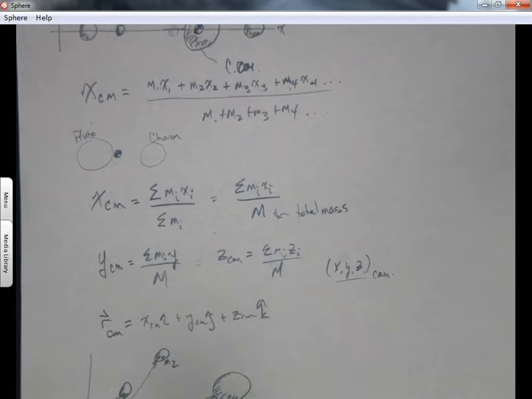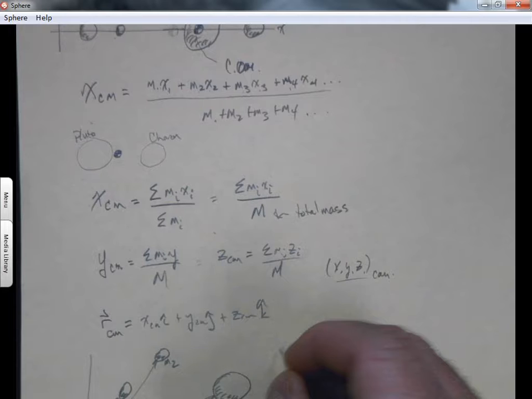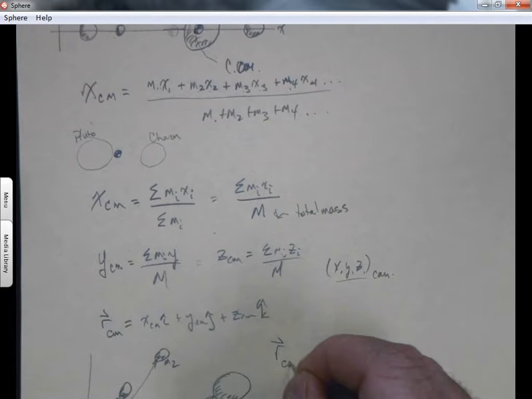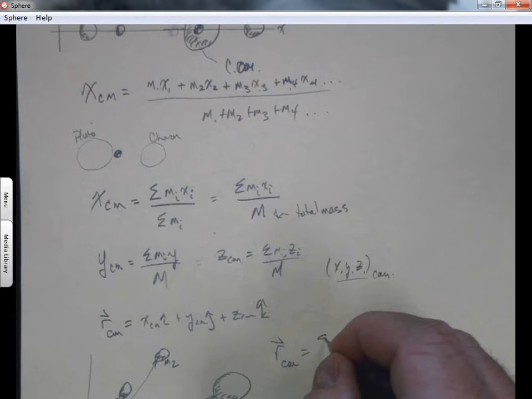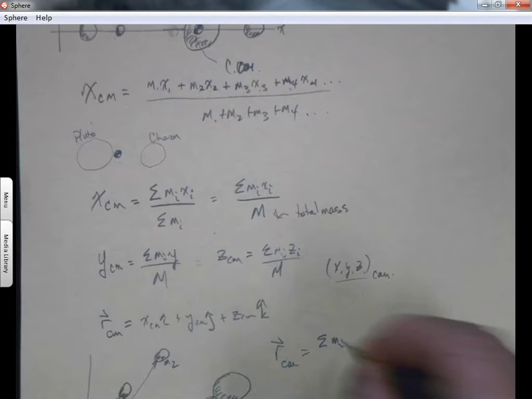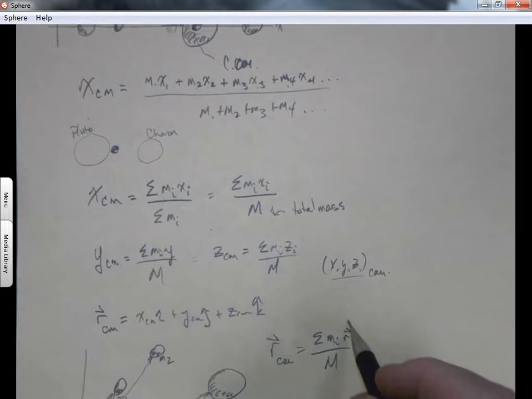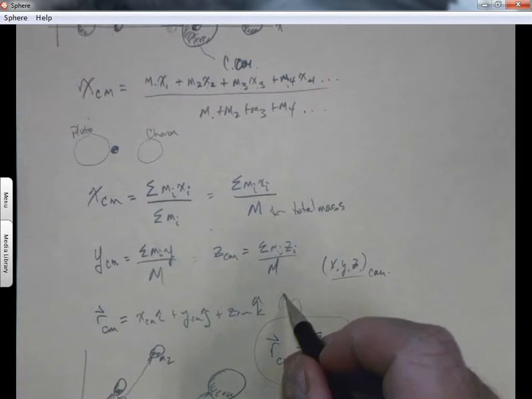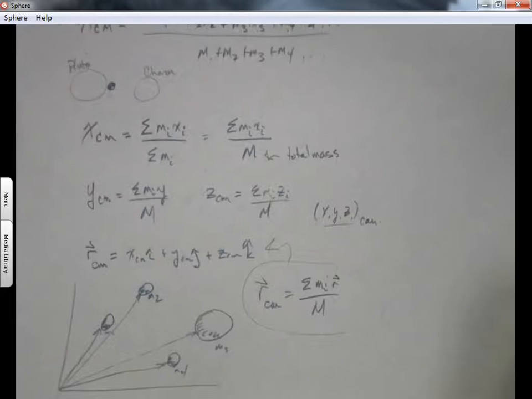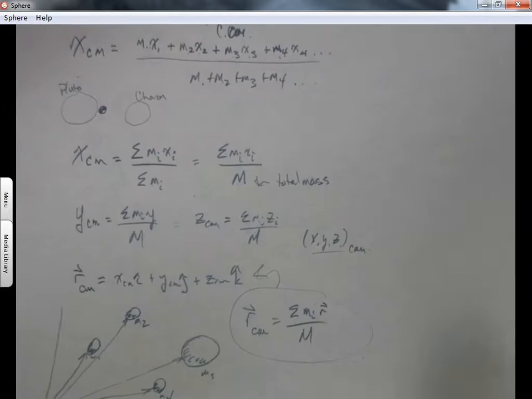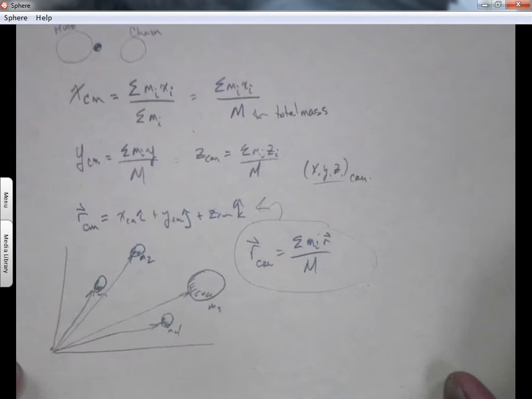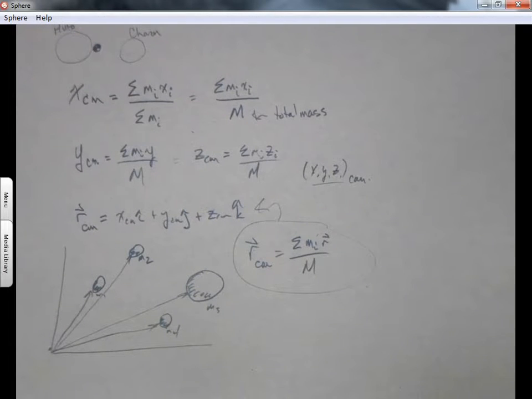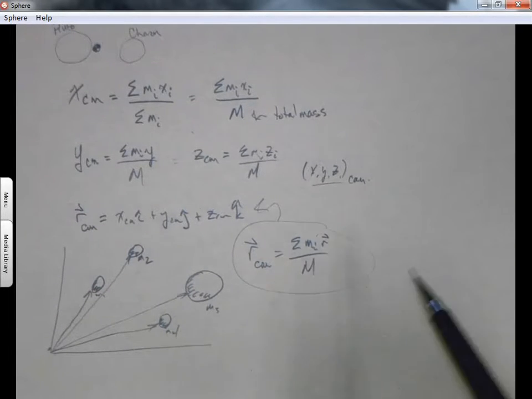What this really winds up being is that the center of mass, r_cm, equals the sum of the individual masses times their vectors over the total mass. I didn't draw that very well for you.